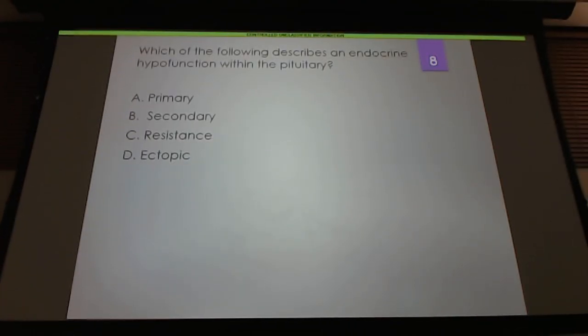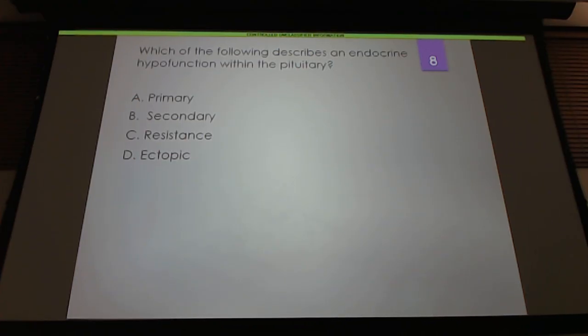All right. Which of the following describes an endocrine hypofunction within the pituitary? So hypofunction within the pituitary. Something's going on causing less hormone production. Primary, secondary, resistant, or ectopic? Here's some primaries.